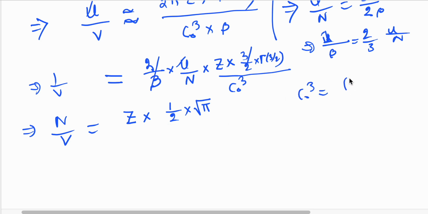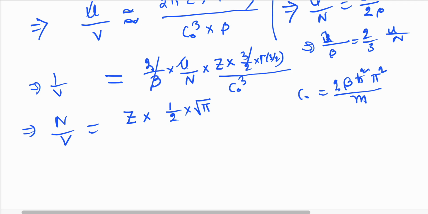We know that c0 involves beta h cut square pi square, 2 beta h square by m. So these we know.